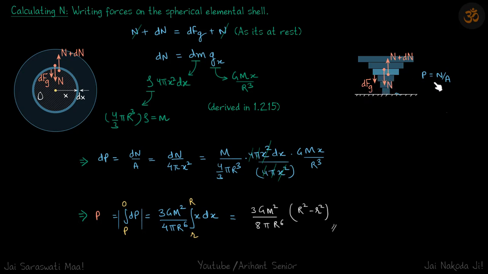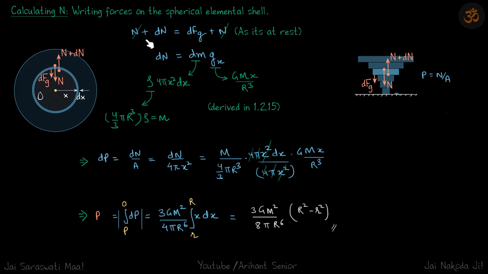So pressure at this layer is N by A, and because this layer is at rest, the sum of all these forces must be 0. Now same thing here. At the top surface of this shell, there is normal reaction N. At the bottom surface of the shell, N plus dN, and there is a gravitational force dFg, which is towards the center.